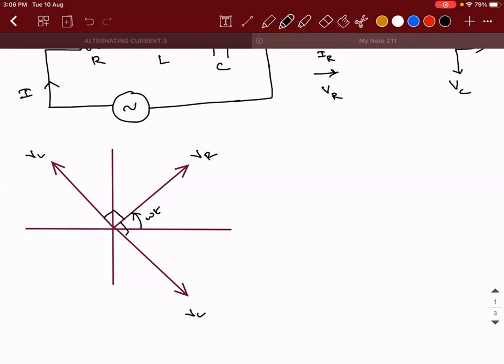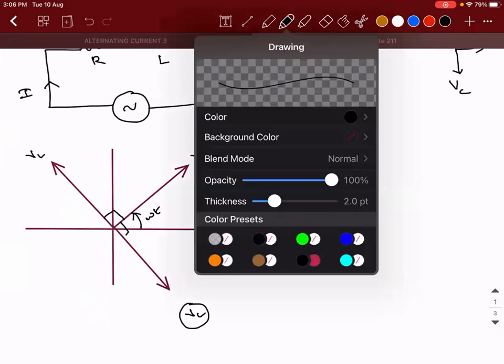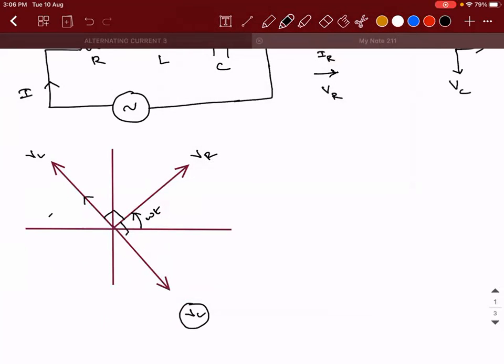Okay. So if I take this as VC, then this vector rotated in this direction will be minus VC, right? So have that in your mind. It will be something like this. The voltage taken here will be minus VC.